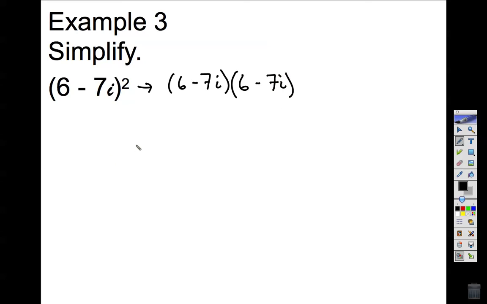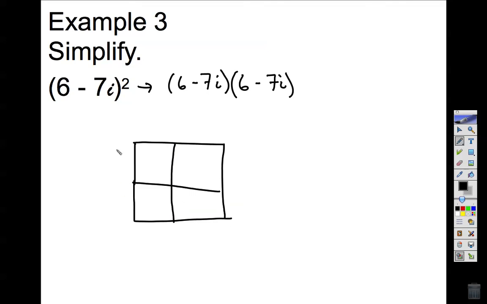I like telling my students to use the Punnett square for multiplying polynomials. This is 2 and 2 terms as well. So 2 terms, 6 minus 7i. Here's one polynomial, and here is the other polynomial. 6 times 6 is 36. 6 times negative 7i is negative 42i.